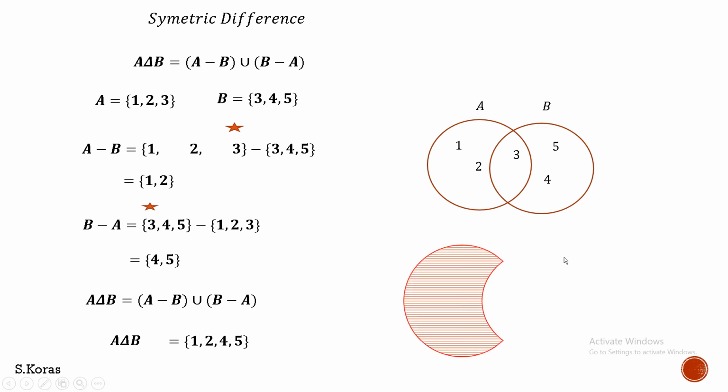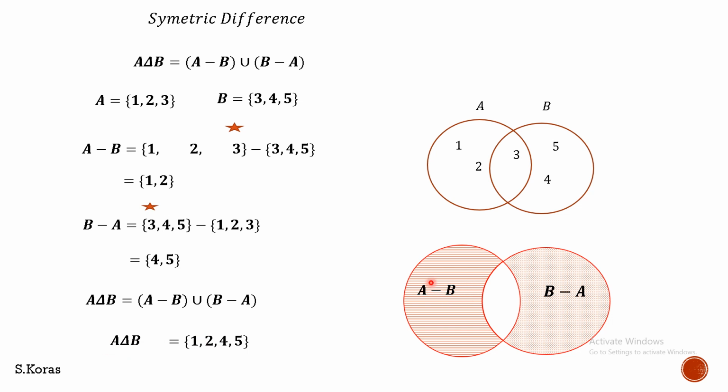So this is our A difference B part and this is our B difference A part. That is A difference B and this is B difference A, and we have to combine these two to get A delta B. So simply we can say, what do we mean by A delta B?